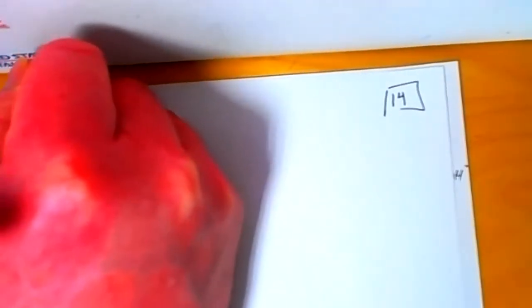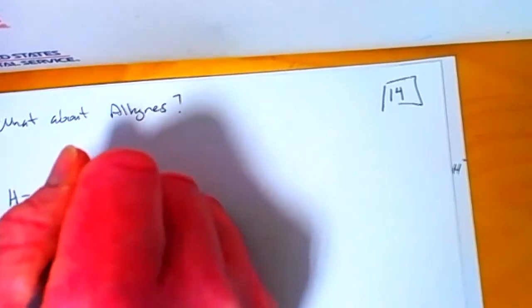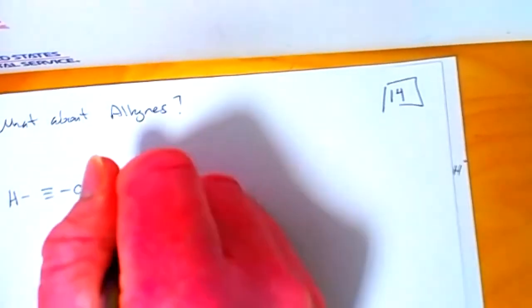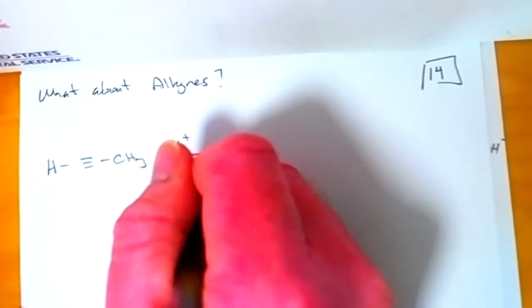Now, one other thing to mention about this is that it is possible for alkynes to undergo these processes as well, okay? And I will just briefly mention this. So what about alkynes? If you were to add acid with water, it would do a standard Markovnikov addition.